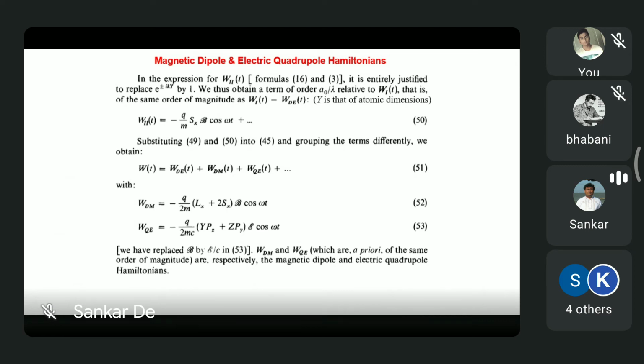And then adding all of them, W1 and W2, you will get an expression like this, where the electric dipole is there, the magnetic dipole, as well as the electric quadrupole is there. The magnetic dipole term will have Lx plus 2 Sx, B cos omega t. And the electric quadrupole, what is that?